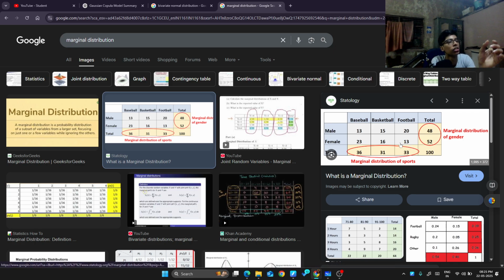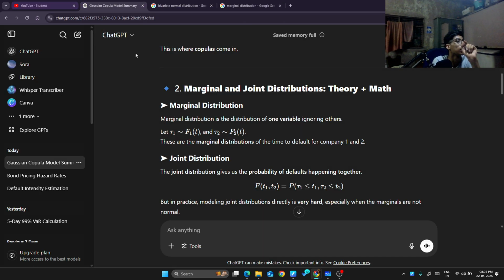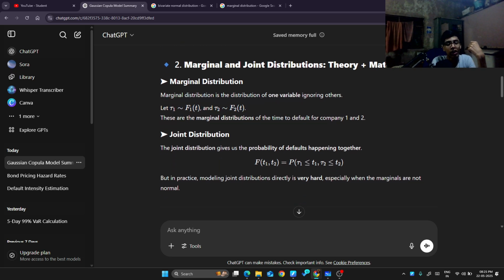So the marginal distribution is the distribution of every single variable. You have to understand this: the marginal distribution F_T, and the joint distribution. We have to convert the marginal distributions into a joint distribution over two companies, because the two companies have different default rates. So we have a distribution of each as a marginal distribution, then we convert it into a joint distribution using the Gaussian copula model.